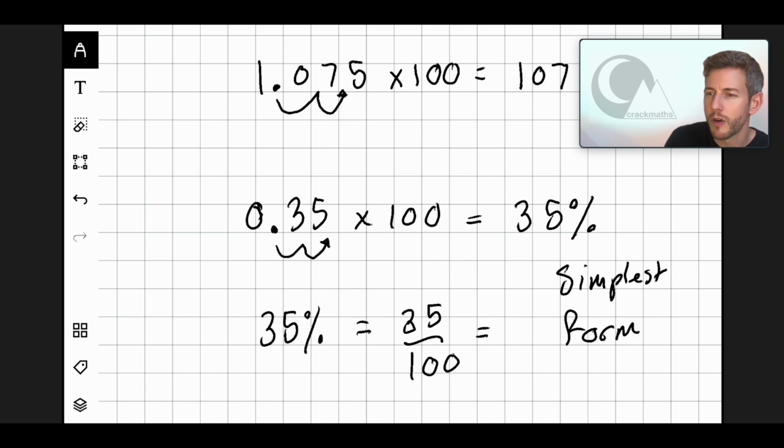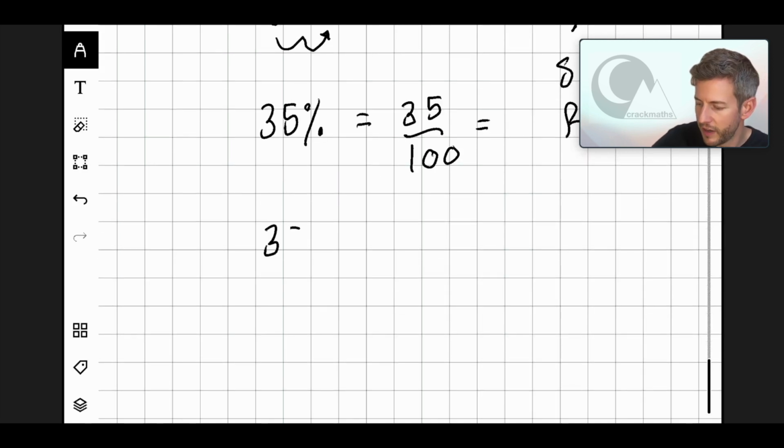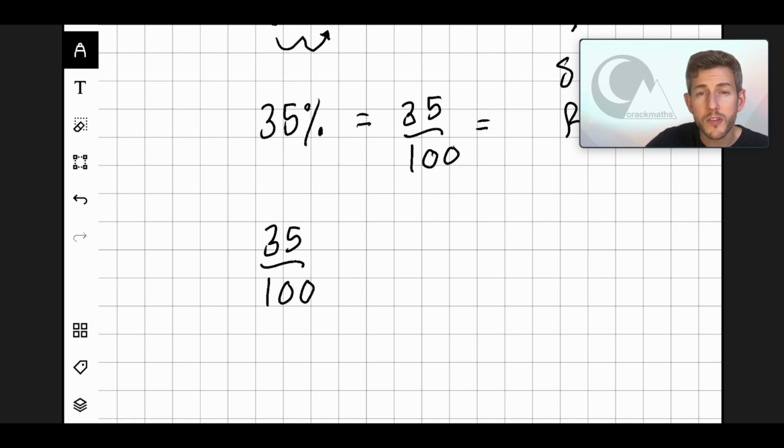Okay, so I'm just going to scroll up. Let's look at 35 over 100. Right, I can see straight away that 35 and 100 are both in the 5 times table. So if I try to divide both of these by 5, that will give us a fraction that has the same value.